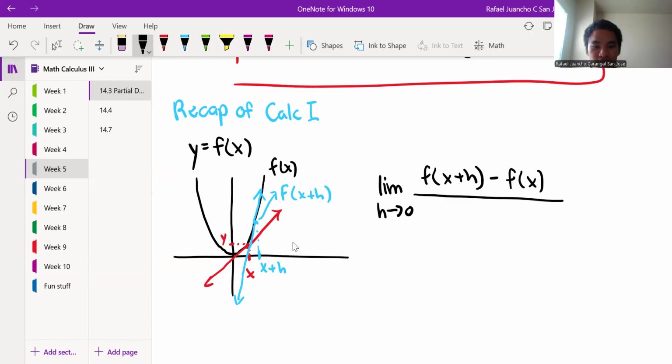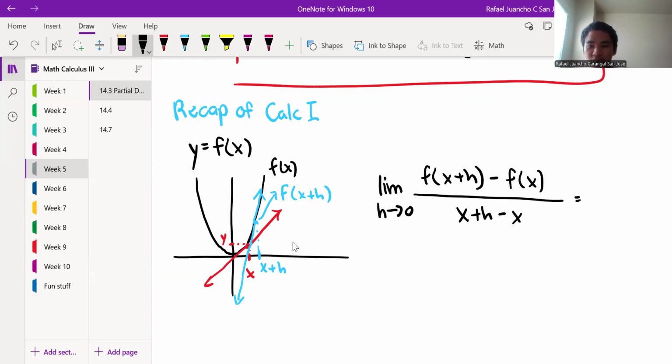We look at my change in y, and my change in y is this one. Oops, I wrote x. Over my change in x. So what's that? x plus h minus x.